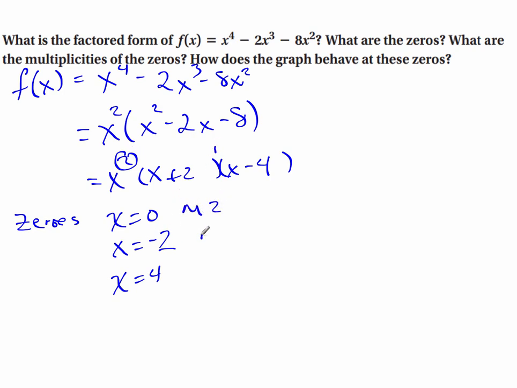The multiplicity of x equals -2 is 1. And the multiplicity of x equals 4 is 1. And how does a graph behave near these zeros? Well, this one, it will behave like a quadratic. This one is linear. And this one is linear.